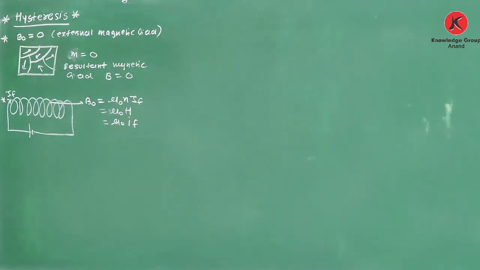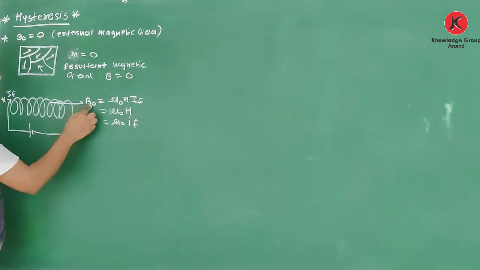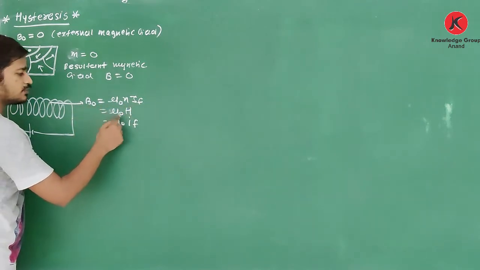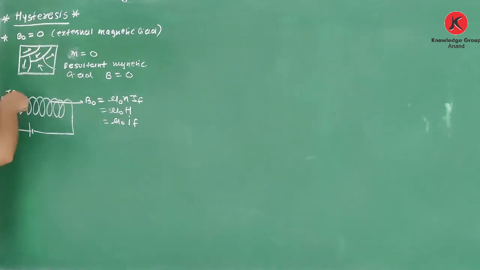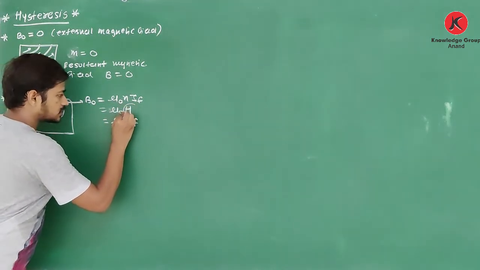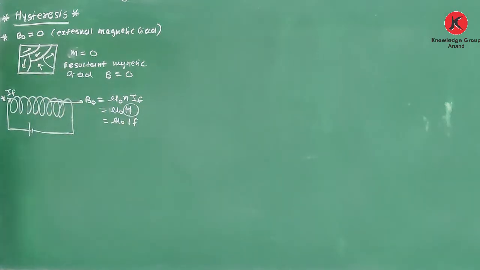Yes or no? Yes. So inside the solenoid, the magnetic field produced is B0 is equal to mu 0 H, where H is IF. So we can say in this solenoid, the magnetic field is produced due to H.